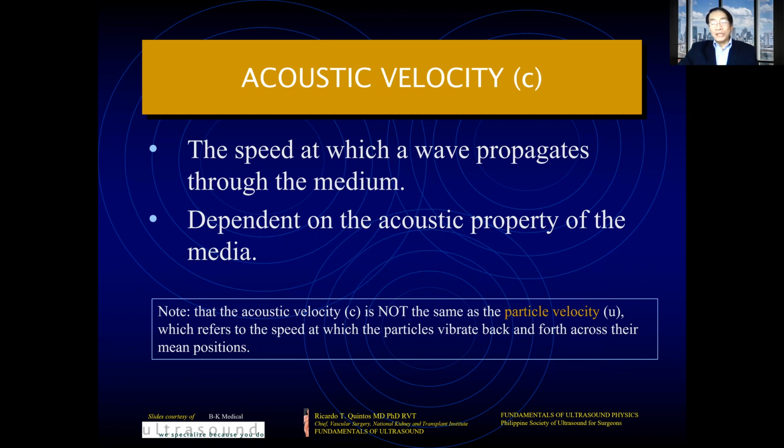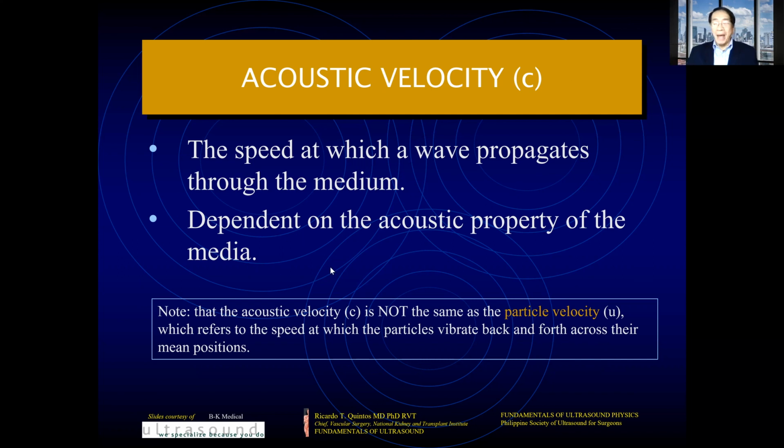Finally, the acoustic velocity is one property of the wave which takes into consideration the characteristics of the medium. The acoustic velocity is the speed at which a wave propagates through a particular medium. This acoustic velocity depends on the acoustic property of the media.